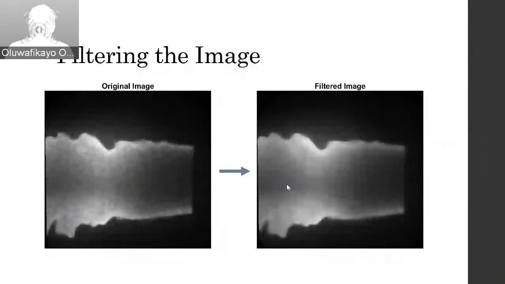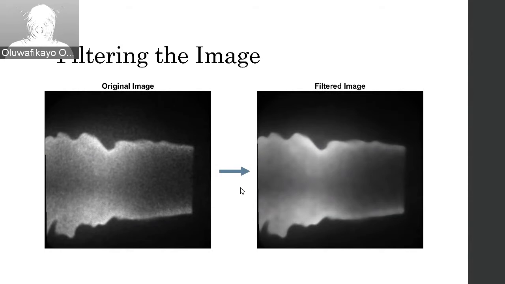So now I'm just going to go through the basic process of implementing fuzzy logic edge detection in MATLAB on a general flame image. So first, we filtered the image, and the reason why we did this is because there are actually a lot of edges within this image by itself.